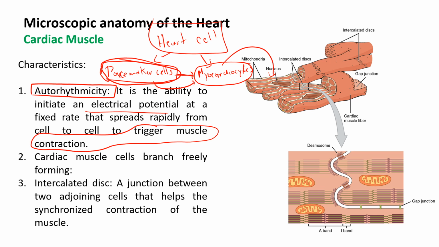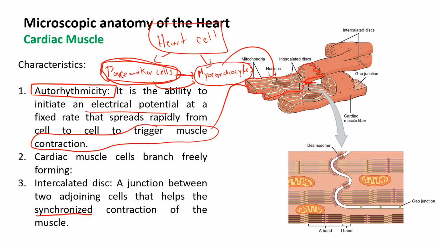The way the heart cells, the myocardial cells, are connected to each other is pretty important, because the whole idea is that each individual cell needs to contract synchronously with the other one. So what I'm saying is all these cells need to work as a team to contract at the same time, so the whole organ will contract in a synchronized way, right?